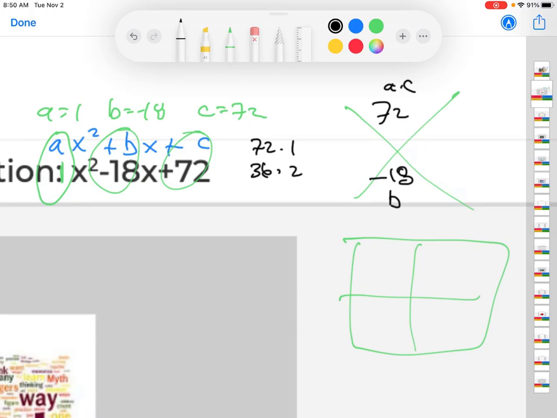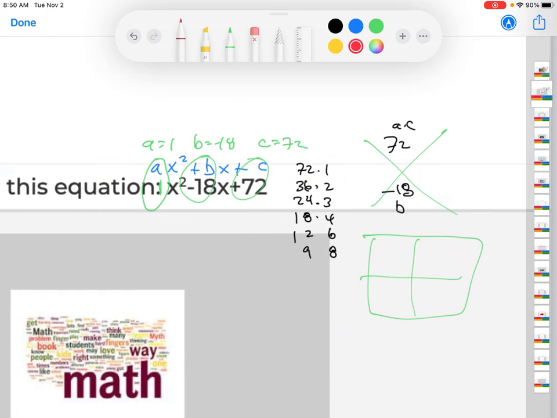So 2 times 36, 3 goes in 24, 4 goes in 18, 6 goes in 12, and then 8 times 9. Okay, which one do you think it's going to be? And I see a negative 18 there, so it's got to be 12 and 6.